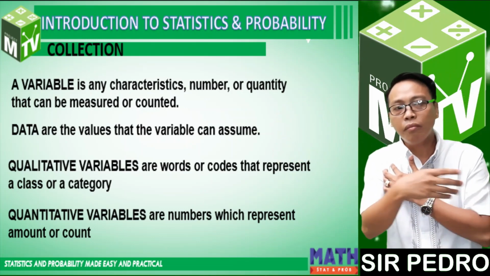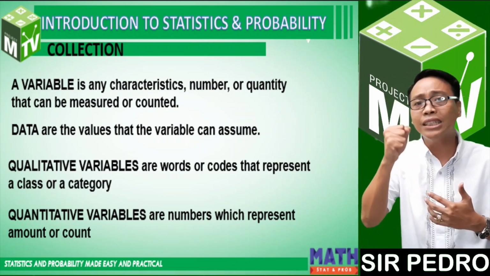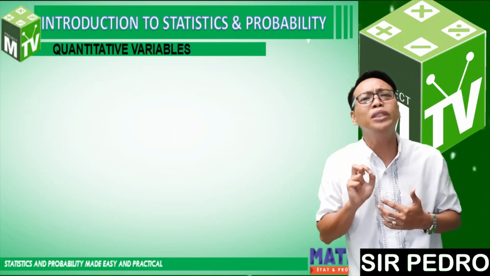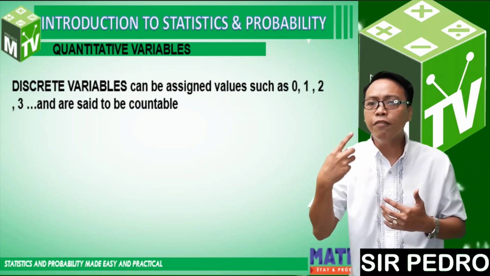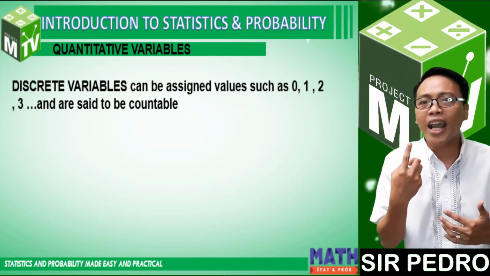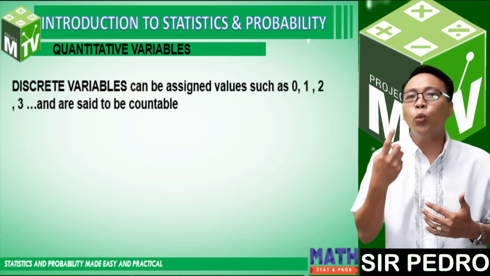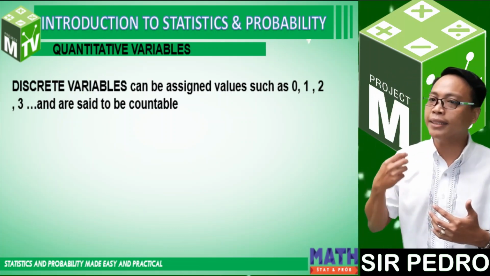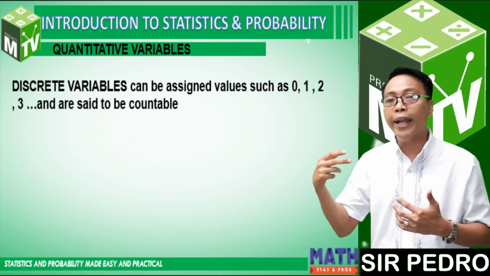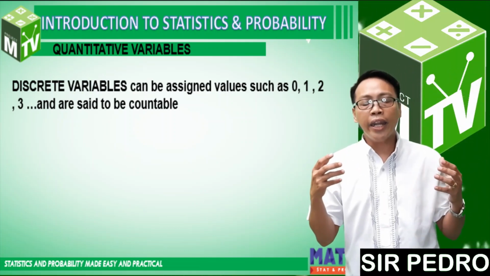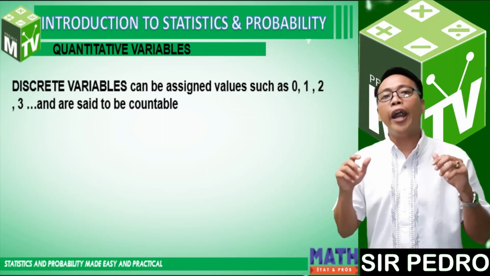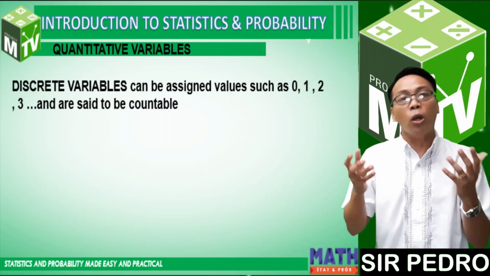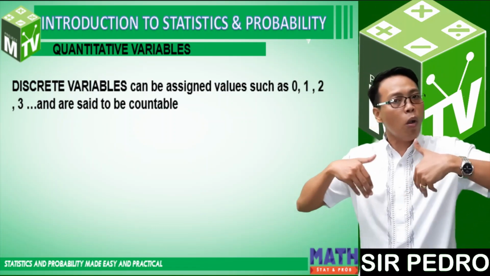Now, quantitative variables can be classified again into two. Two. This is discrete. A discrete variable can only assume values which are whole numbers, can be assigned to numbers such as 0, 1, 2, 3, and which are countable. Ideally, discrete variables are used when you talk of population, number, count.